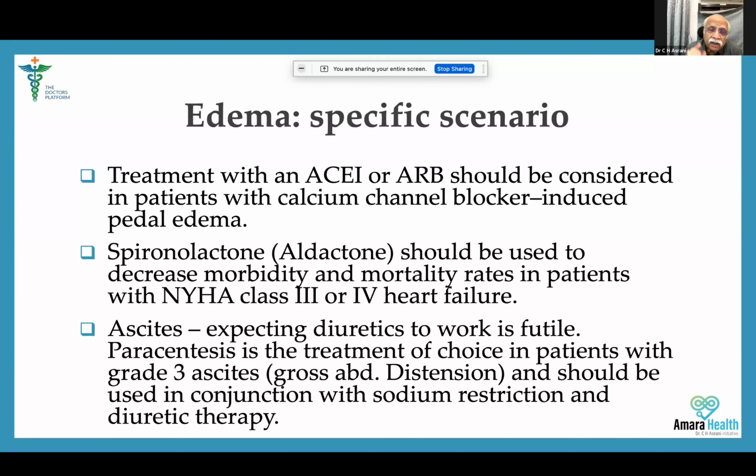Ascites. By the time ascites has occurred, it's futile to think that diuretics are going to work because the liver is already damaged. You have to remove water. And that water, unless you are treating the liver or the cause of cirrhosis, is going to collect again, and you may have to get it removed once again.